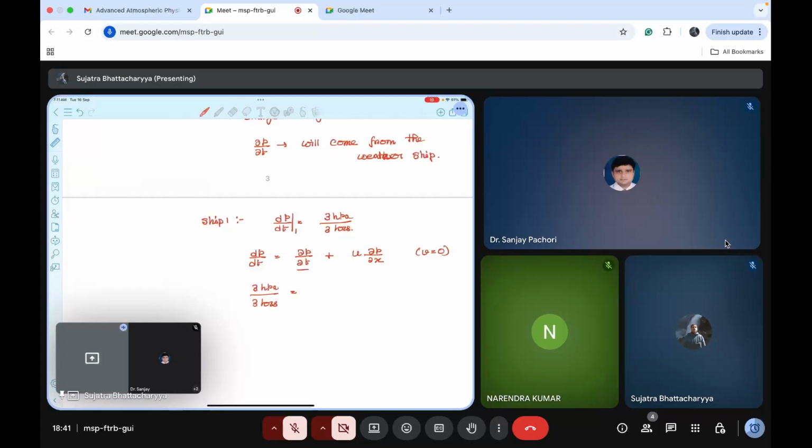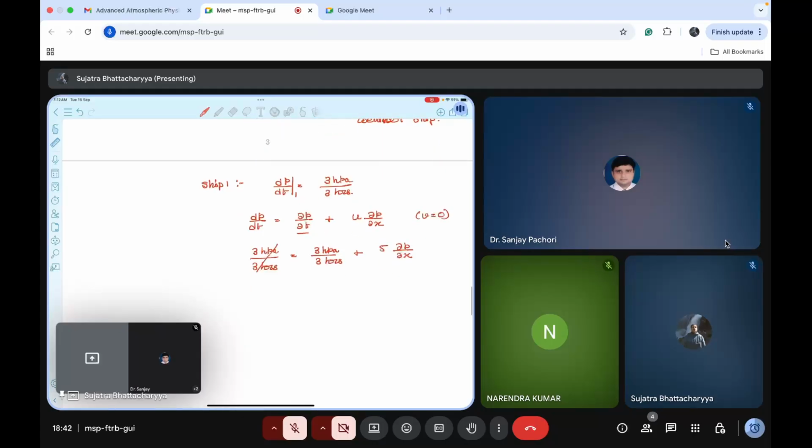What about the local change? Whatever the weather station has noticed, the same. u, the ship's velocity, is 5 meters per second, times ∂P/∂x. So this gives you 1, this gives you also 1. Remember, this is in hours, so it will be 1 by 3600 actually.